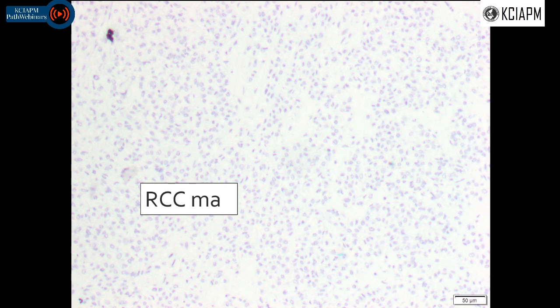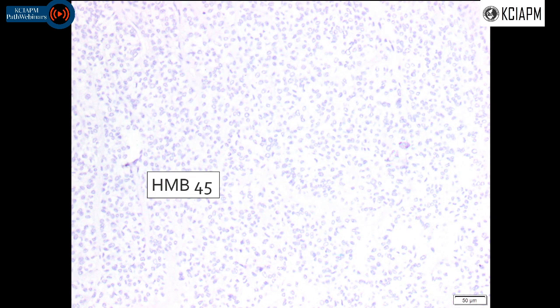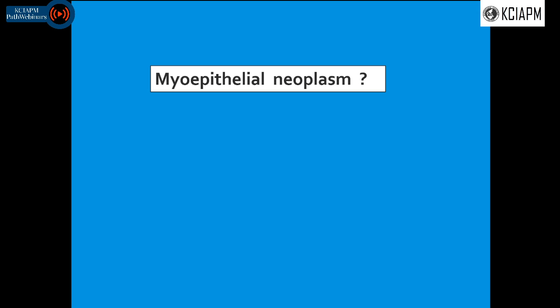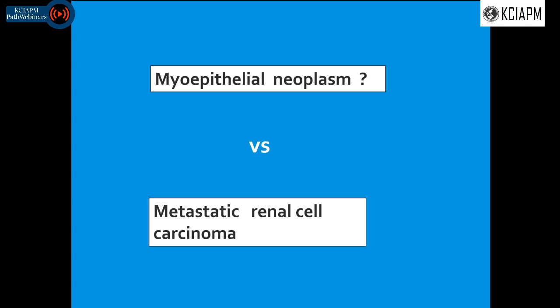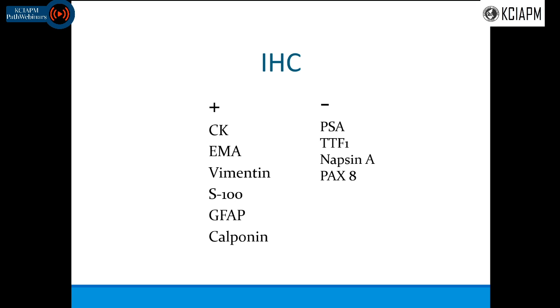So to take the diagnosis further, the renal cell marker is negative. HMB45 is negative. So what were we dealing with in this head and neck region in the mandible? Could it be myoepithelial versus metastatic renal cell carcinoma with CD10 being positive?